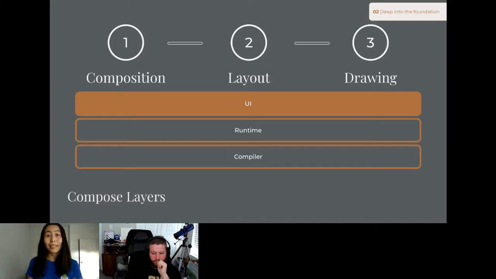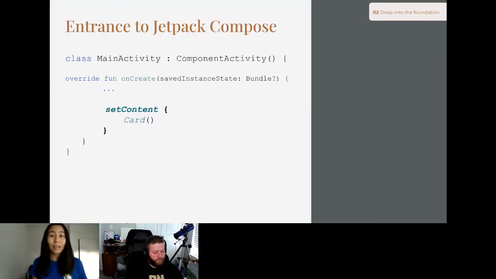UI layer is an essential communicator between Android OS and the Compose world. It is aware of Android lifecycle, instance changes, context, accessibility, and so on. Because UI layer is an integration layer between Android platform and the Compose world, it is also responsible for executing all of those composable functions, and it's done via setContent lambda function.